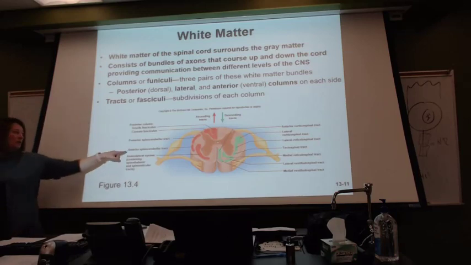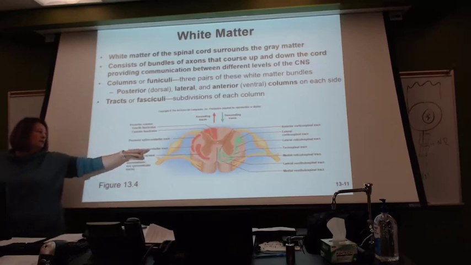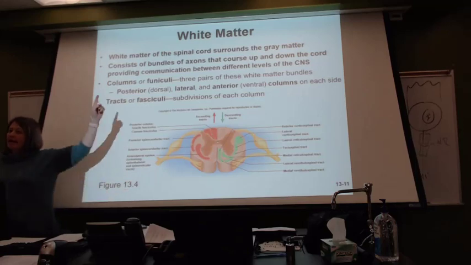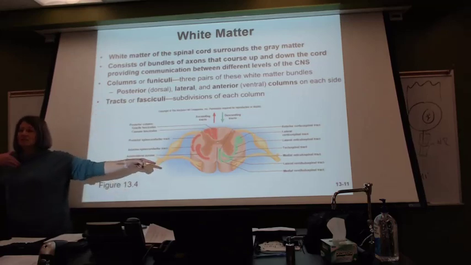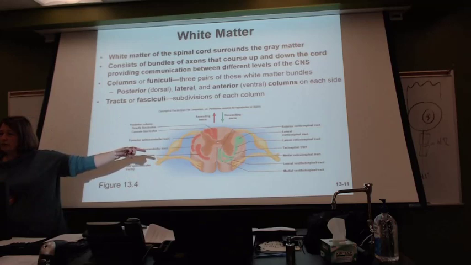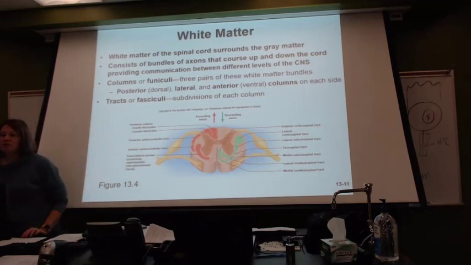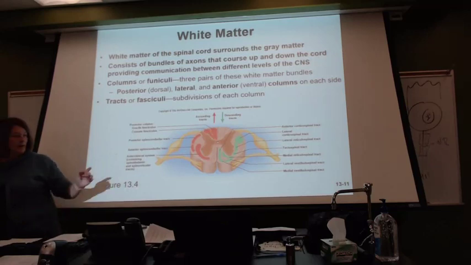For example, anterior spinocerebellar tract. Anterior lets me know it's on this ventral portion of the spinal cord. Spino, well, what do you think spino refers to? Spine. Cerebellar, that area of the brain.